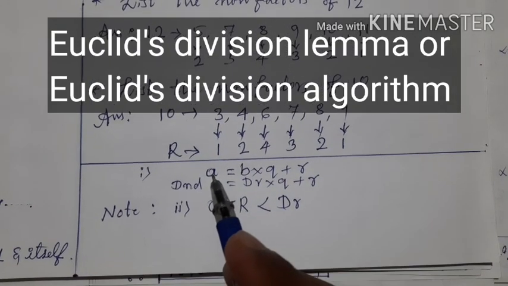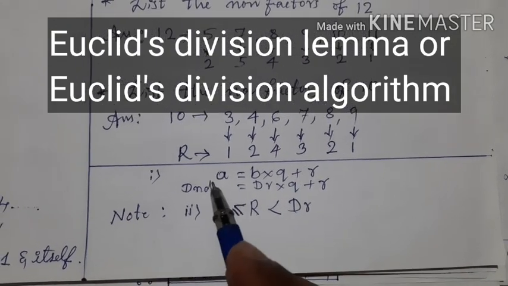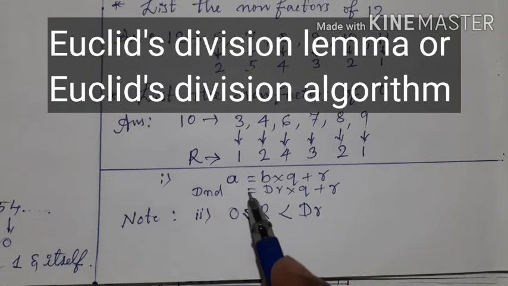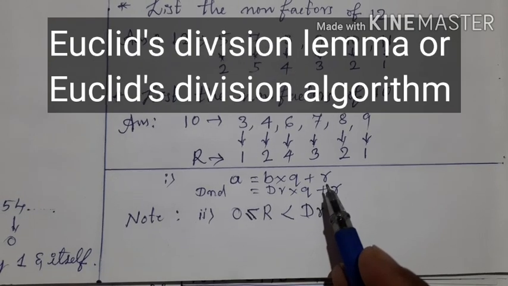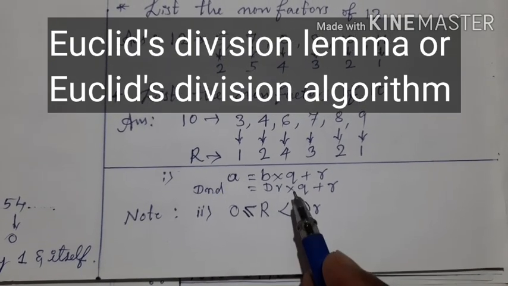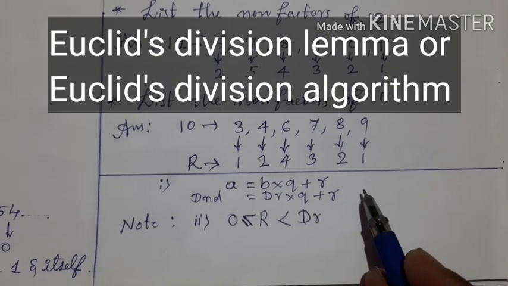So children, with some examples, we justified the statement of division lemma. The division lemma is also known as Euclid's division lemma, and the algorithm is also known as Euclid's division algorithm.